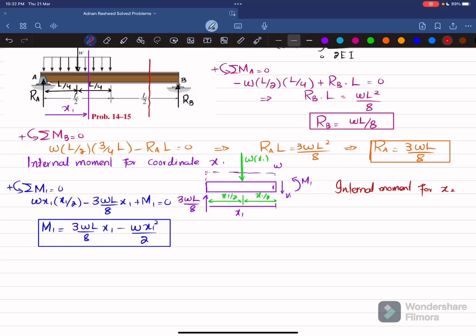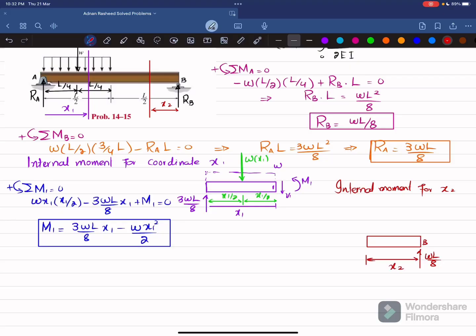So if you cut the beam over here at any length of X, less than L by 2, let this be X2, and if we draw the free body diagram, it will be like this. So you can see here this is point B where RB is WL by 8. Clear? And this is the distance which was X2 coordinate.